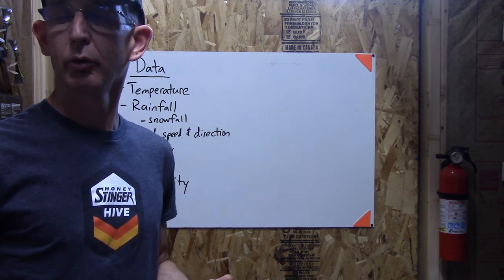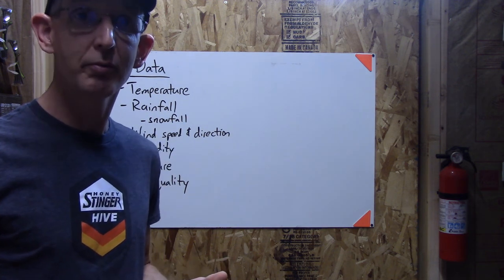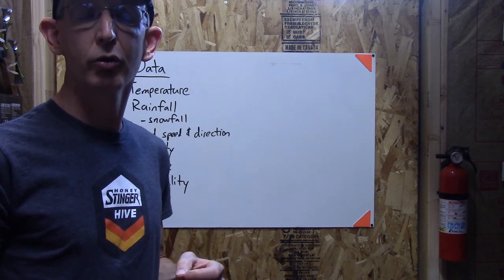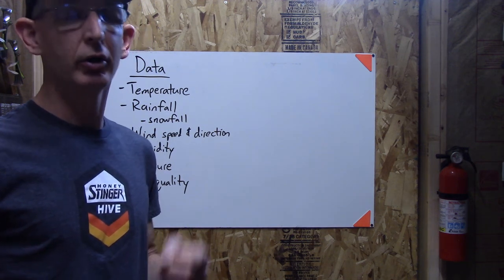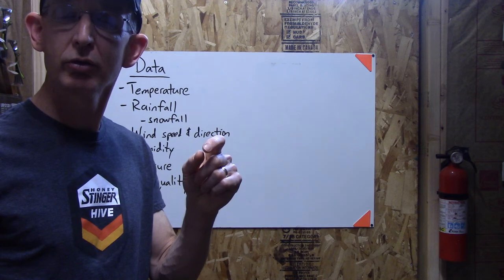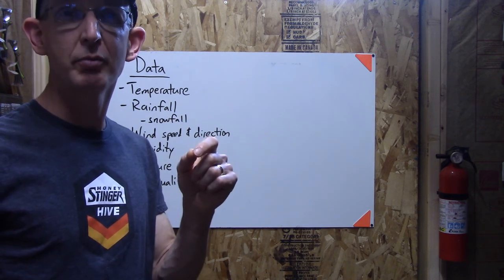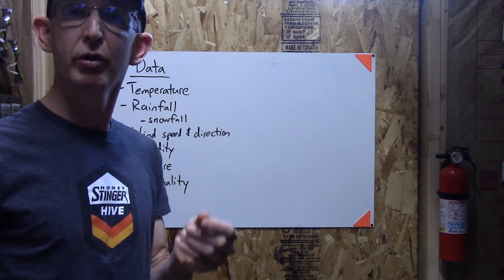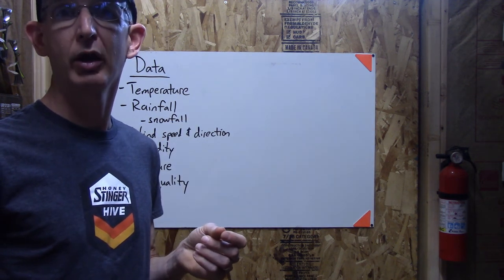So right now we're really concerned with the 2.5 micron particle size, which is really small. It's a heck of a lot smaller than the diameter of a human hair. A human hair is about 70 microns in diameter, so 2.5 microns is a very small fraction of a human hair diameter. These are really fine particles in the air that contribute to air pollution.